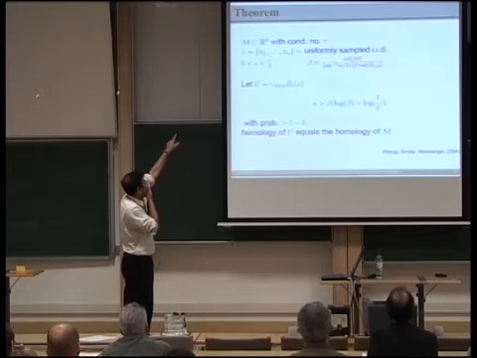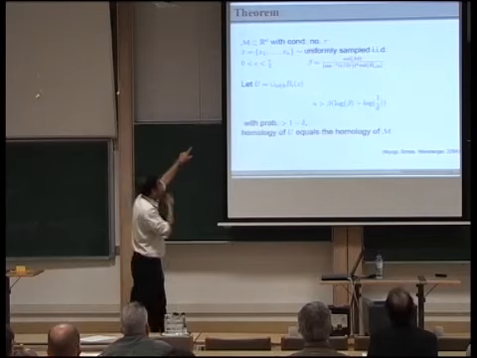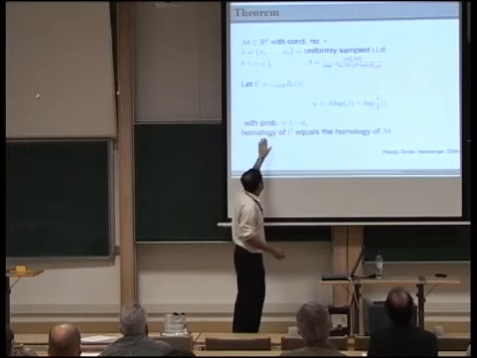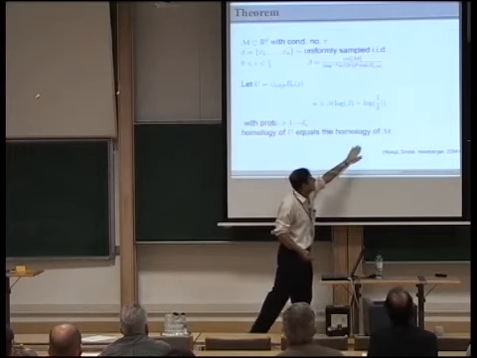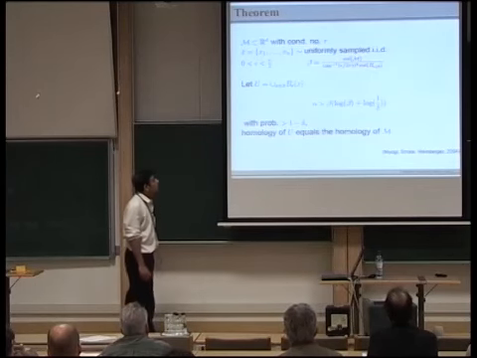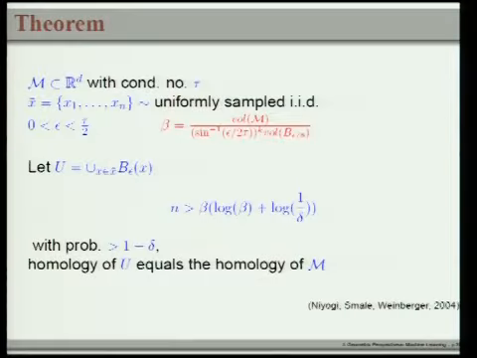So if M is in R^D, then if you draw at least so many examples, there is an algorithm that will recover the homology of M exactly with probability greater than 1 minus delta. Now if you look at the sample complexity, M is a k-dimensional manifold embedded in a d-dimensional space.